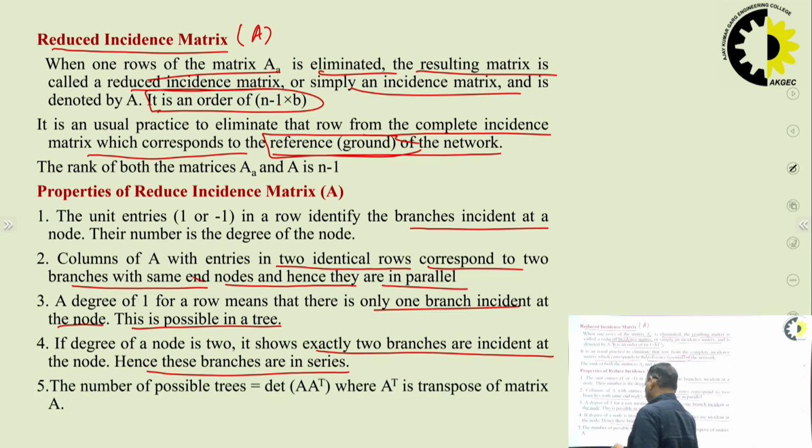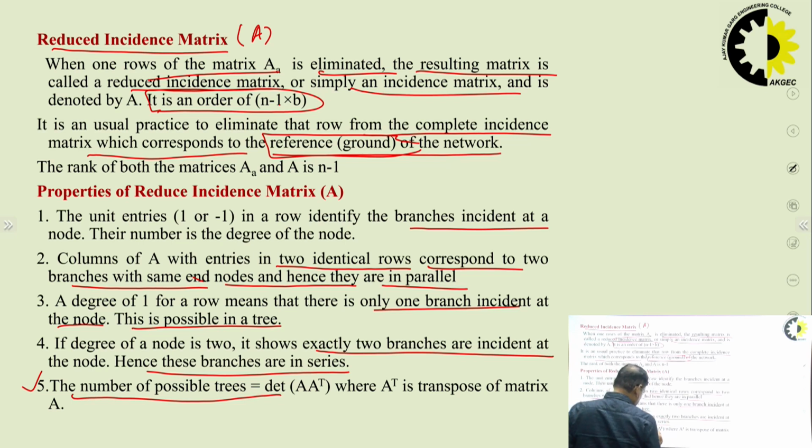And this last one is important for finding the number of trees in a given graph. If an oriented graph is given, find the complete incidence matrix AA, eliminate the last row from the matrix, and we get this matrix A. Then take the transpose of that matrix and multiply.